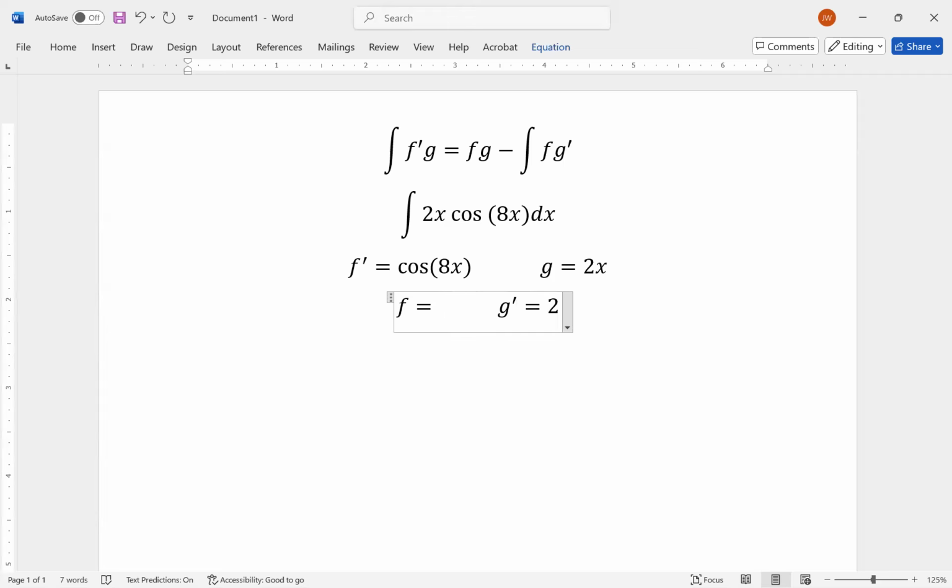Now, be careful with f prime to f because you're taking the antiderivative, or an antiderivative. So the antiderivative of cosine is positive sine. We have sine of 8x. Our argument is 8x, so in front, we're going to have to divide by 8.